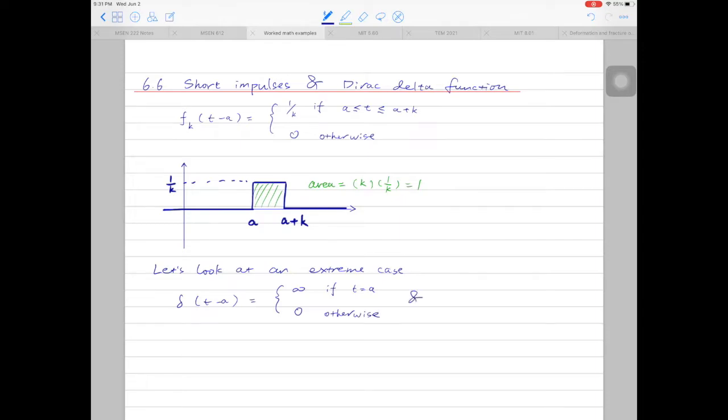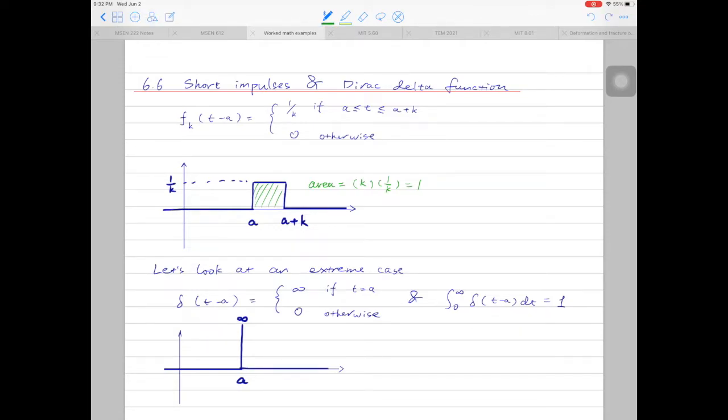We have one extra condition here. If we integrate the delta(t minus a) function, it gives us 1. If we draw the graph, the value stays at 0 first. At a, the value hits infinity, and as soon as you go away from a, it goes back to 0.